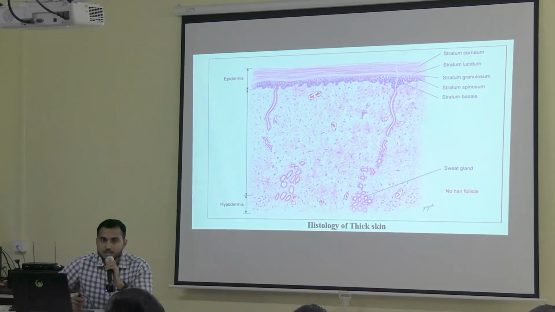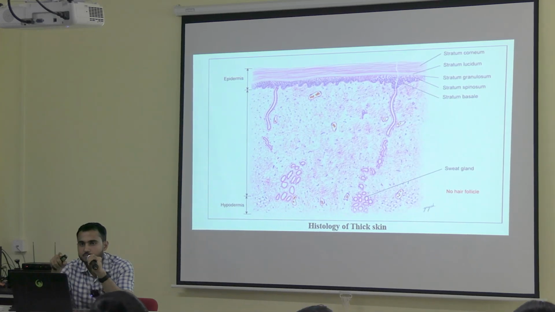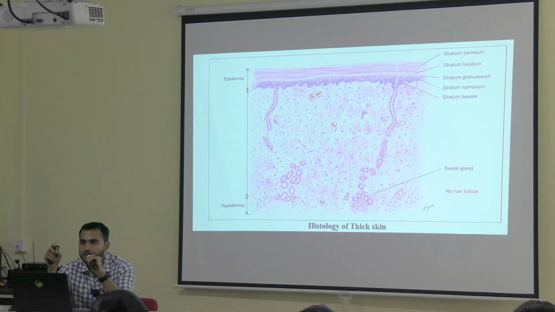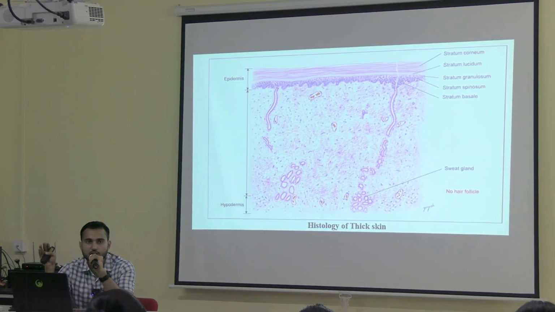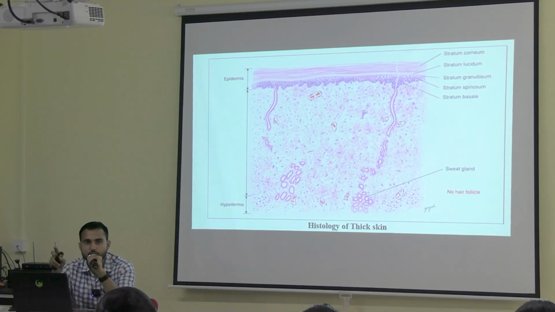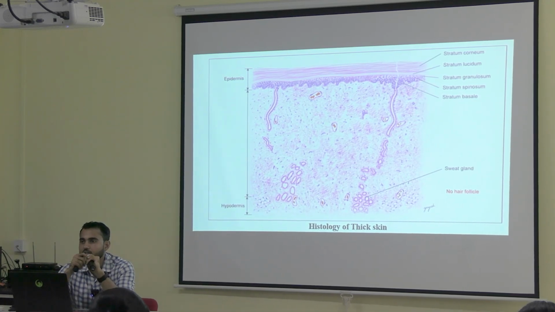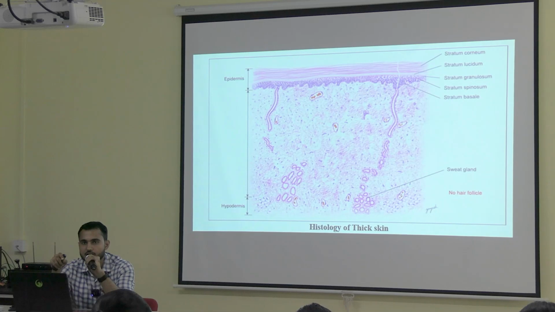So this stratum corneum is very important. Why is it important? Because if you see here, you will not get any nuclei, non-nucleated. Cellular organelles have disappeared, but they are replaced by keratin filaments.